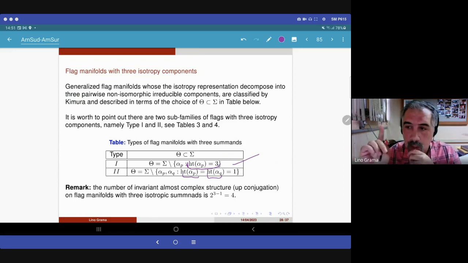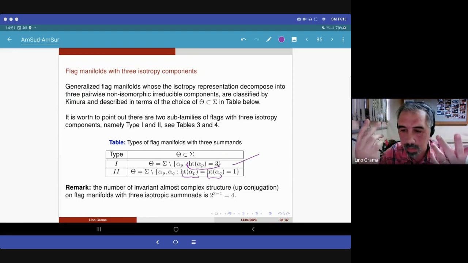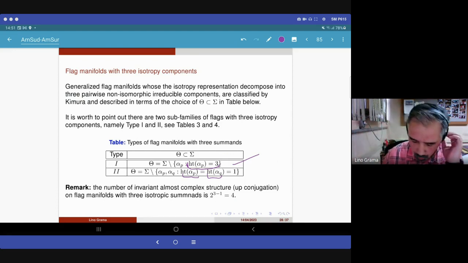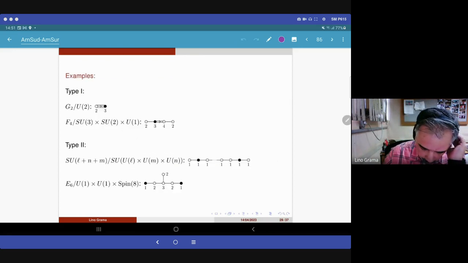But recall, a flag manifold is a complex manifold. Actually, it's a Kähler manifold. And then at least one is integrable, but that is a little bit more. Just an example here, for instance, G2 over U2, you pick this root here. It has height 3. For the flag manifold of F4, we pick this.